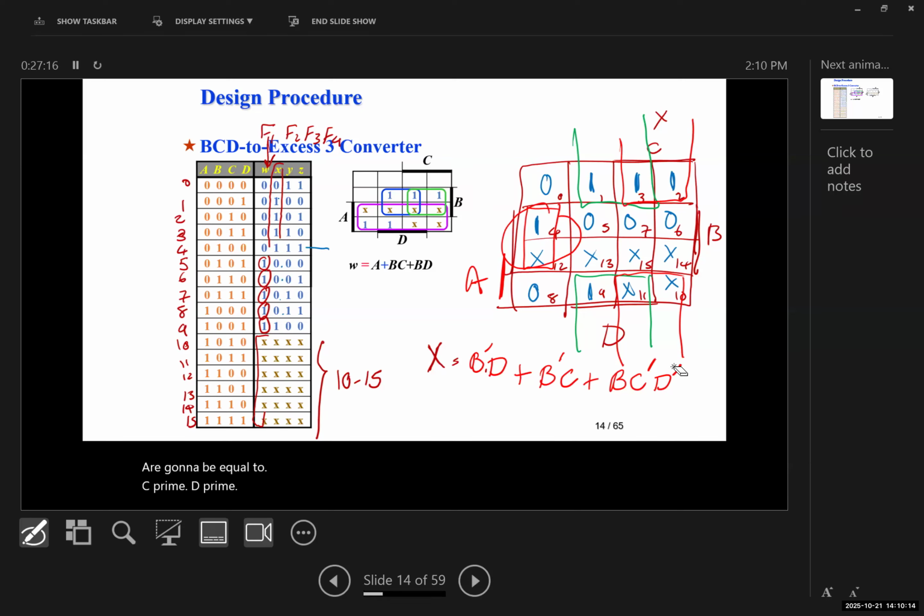So B prime D plus B prime C plus B C prime D prime. Let's see if we got it.